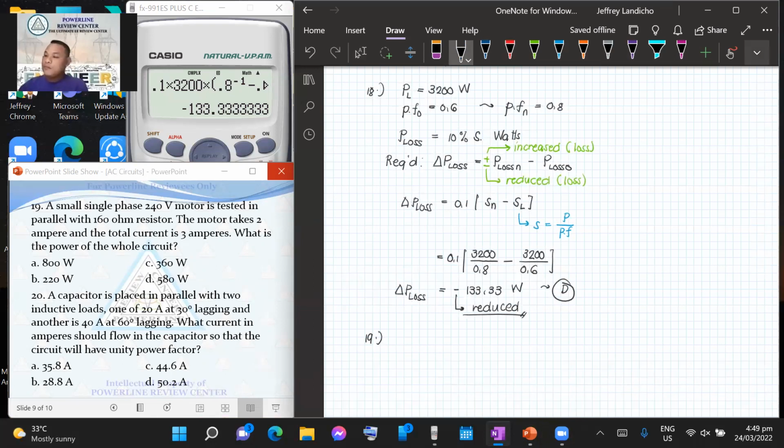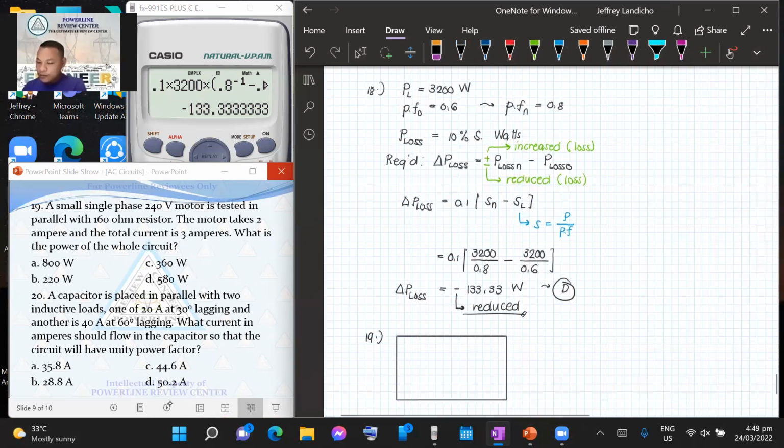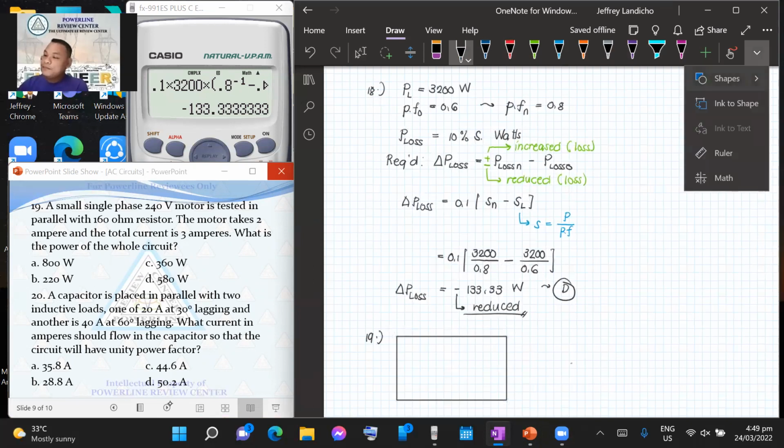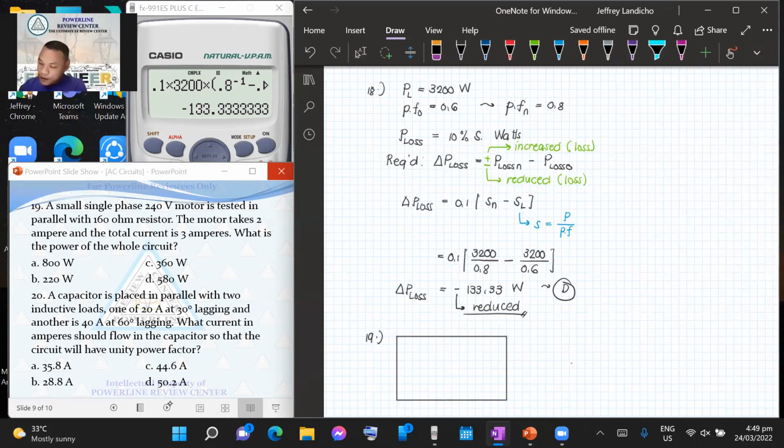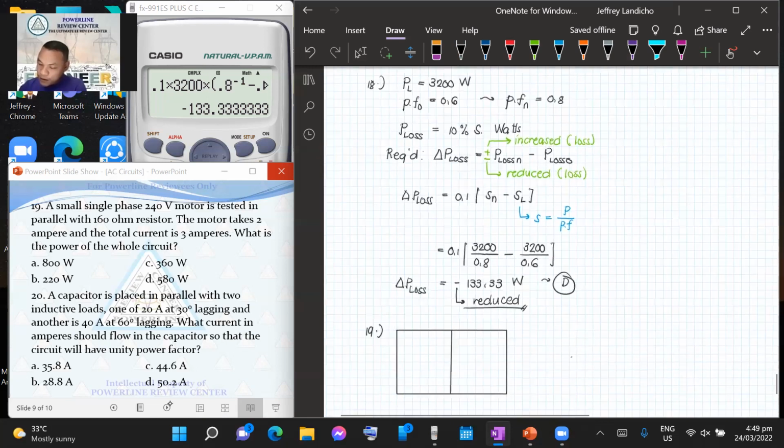So, for number 19, bigay ko na lang yung equivalent circuit. And then, you try to analyze using parallel operation. So, pag small single-phase motor, so pwede nating express yung equivalent circuit ng small single-phase motor as what? Series RL lang. So, ito yung ating motor loads. Then, it was tested in parallel with resistance.